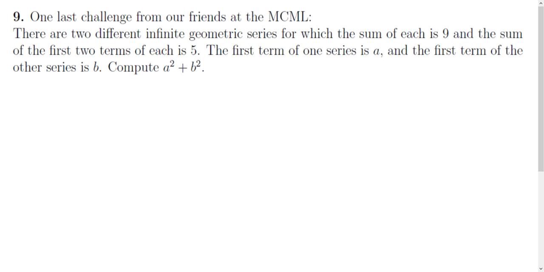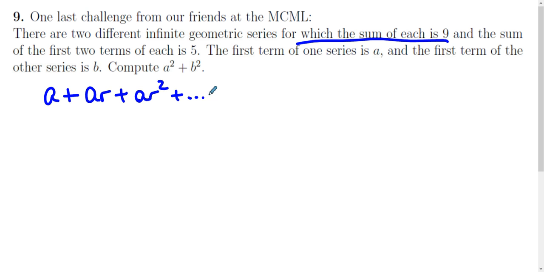Same sort of thing here. There are two different infinite geometric series for which the sum of each is 9. So, right, a plus ar plus ar squared plus and so on. That's 9. And so that's first term over 1 minus r, right?